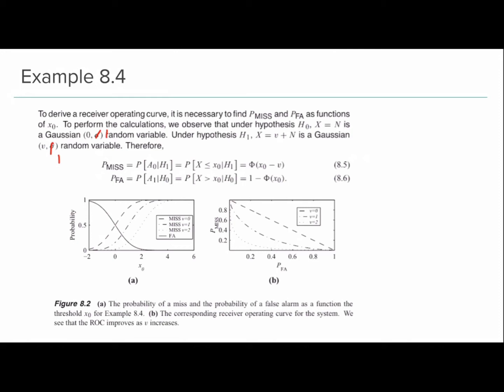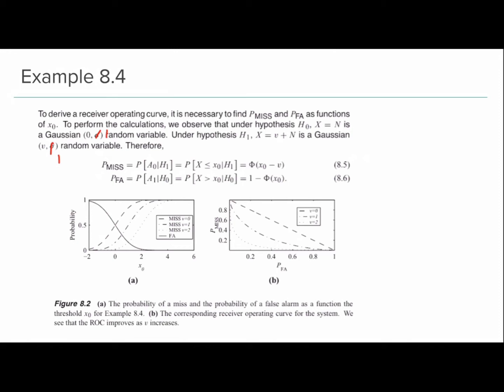And similarly, the probability of false alarm, which is P of A1 given H0, will be equal to P of x greater than x0 given H0. We know when H0 occurs, x is simply equal to n, a Gaussian random variable with mean 0 and standard deviation 1, and x greater than x0 has probability 1 minus the probability that x is less than or equal to x0, right?